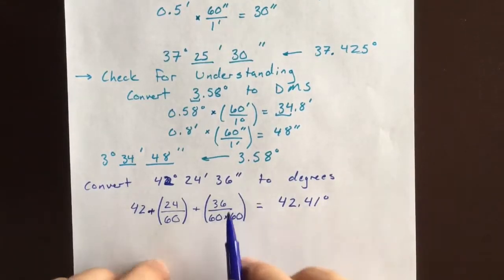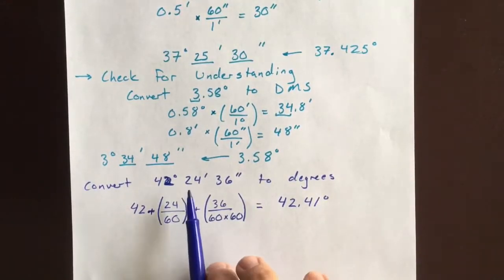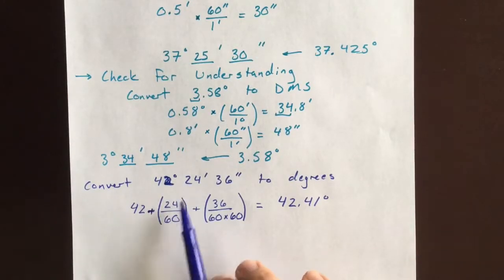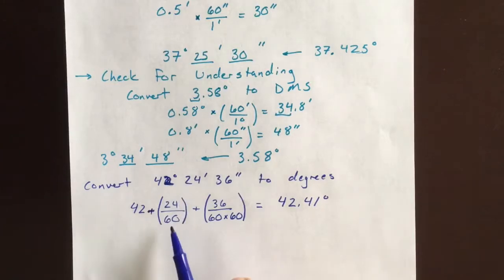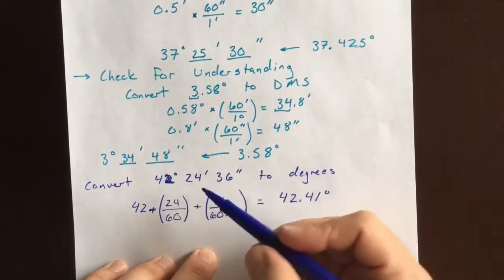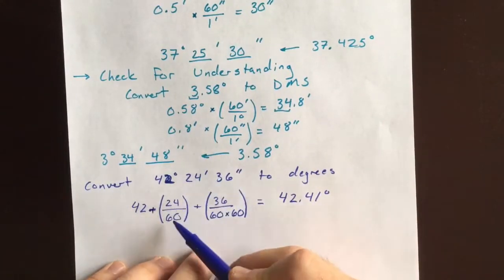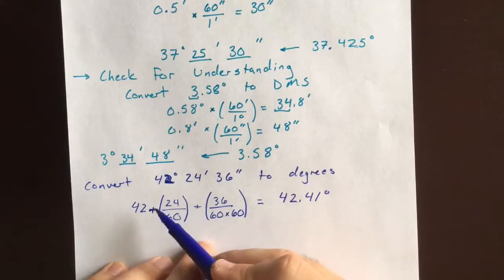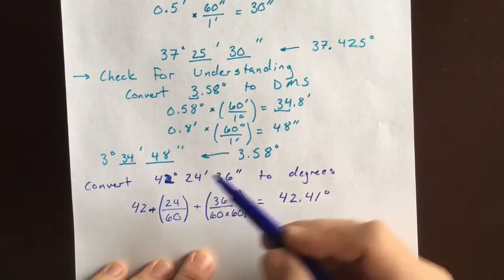So let me explain this again to you. We saw earlier that every 1 degree is 60 minutes. So the minutes, when I'm converting back to degrees, I'm going to divide by 60 and add that on to the whole degree.